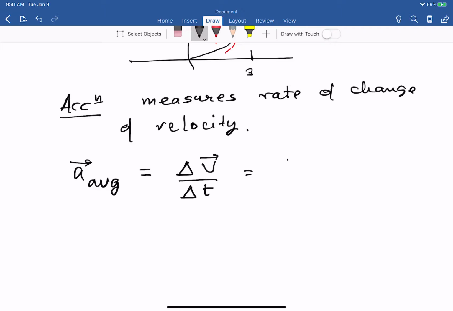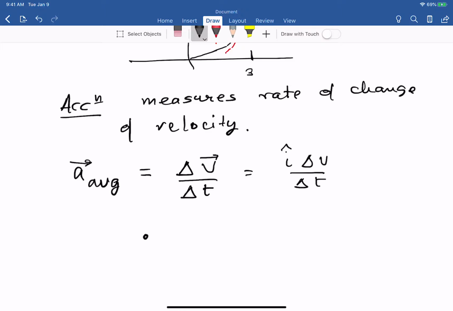You can write the delta V as I hat. Now, everything is along the x-axis if you have one-dimensional motion. So I hat times the magnitude of delta V divided by delta t. So that would be your average acceleration, right? Let's look at an example of this.